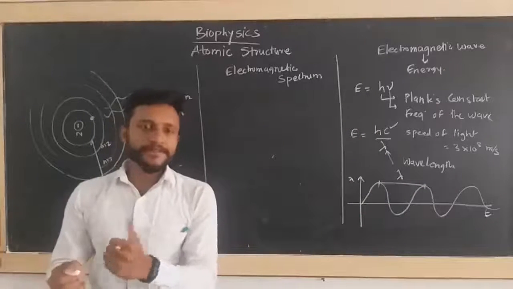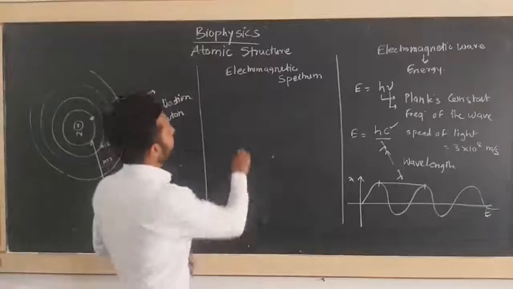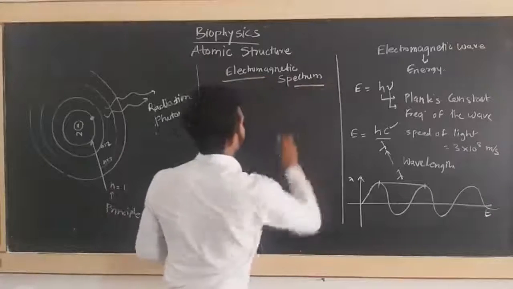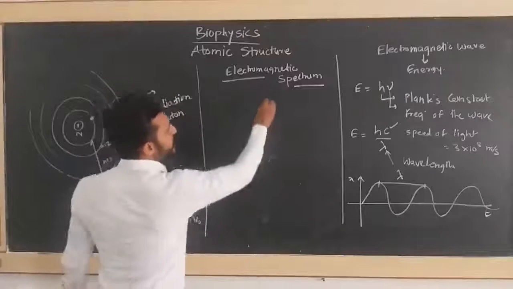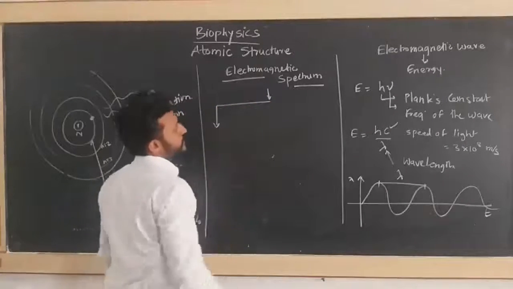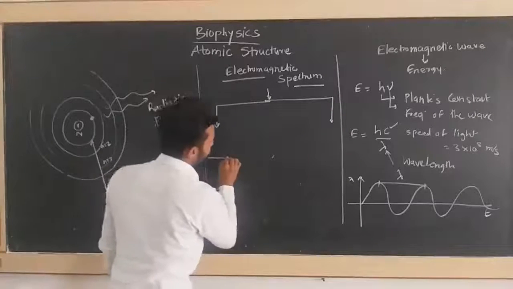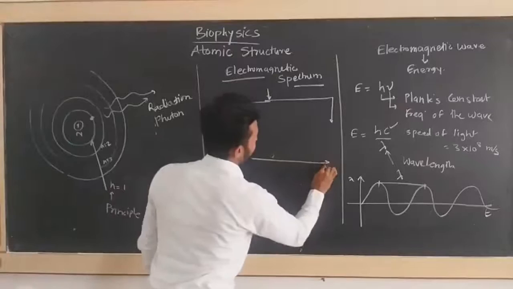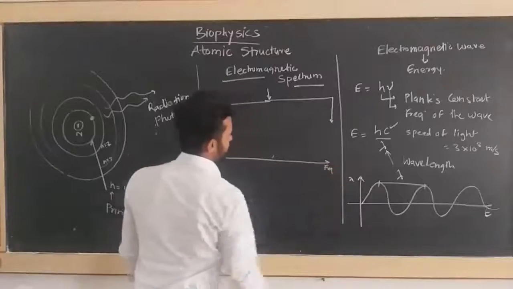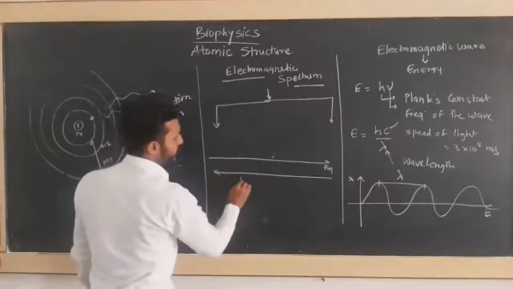When light comes from the source, it has a full spectrum called the electromagnetic spectrum. This electromagnetic spectrum has different radiations according to their increasing frequency or decreasing wavelength.